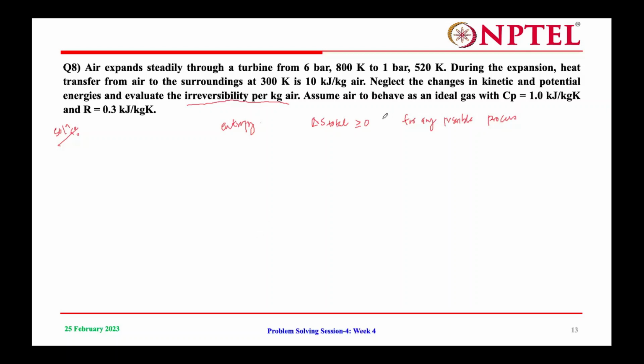So delta S total is equal to 0 for a reversible process, and delta S total is greater than 0 for the irreversible process.